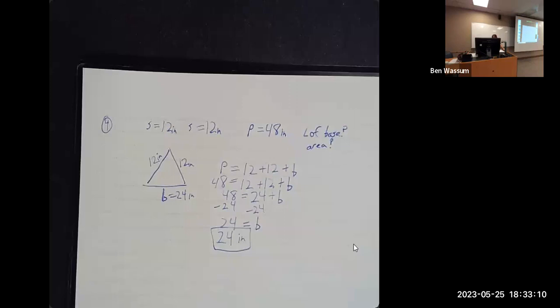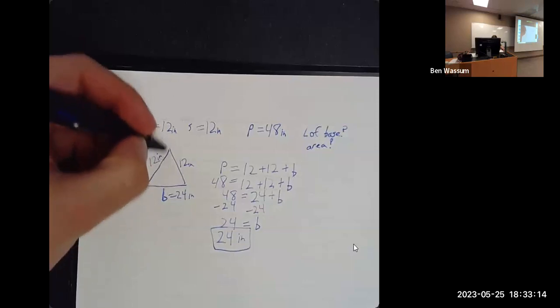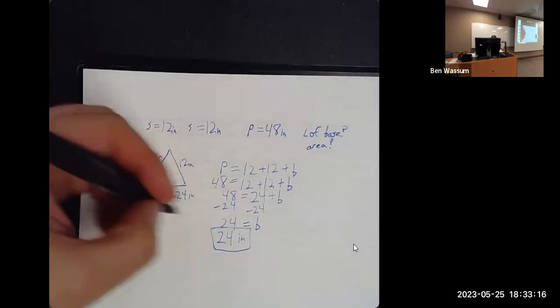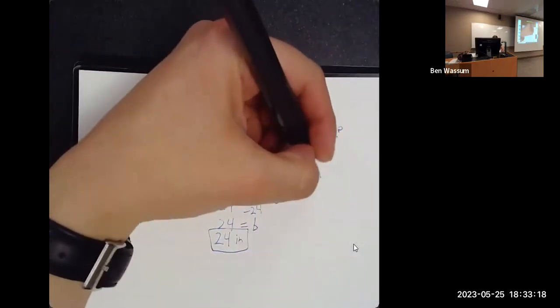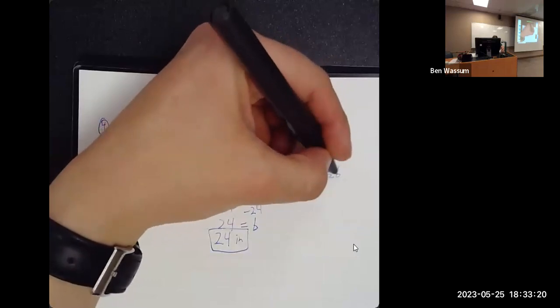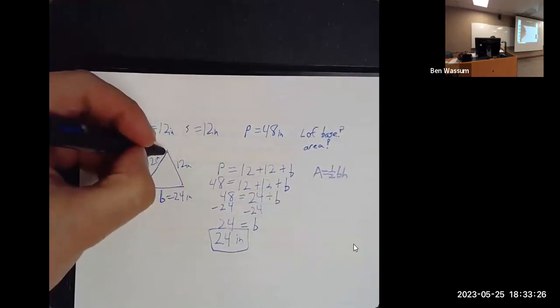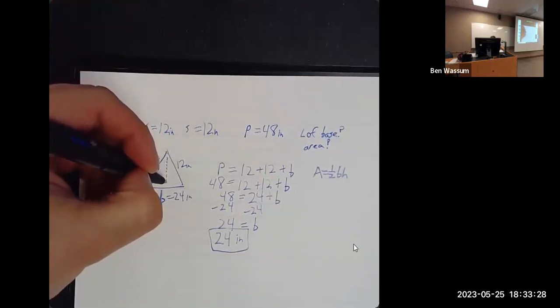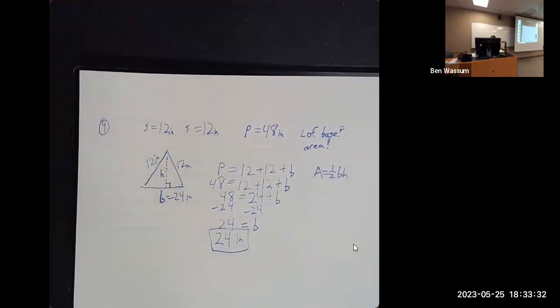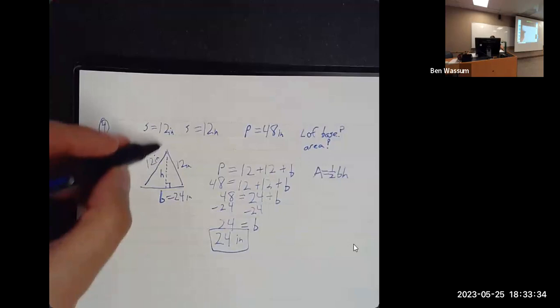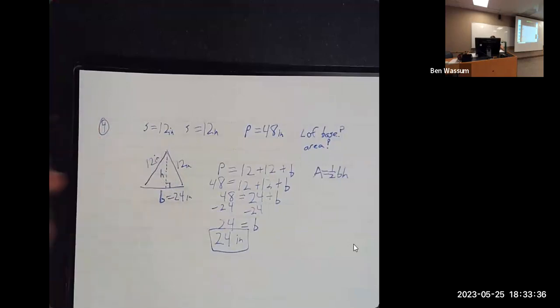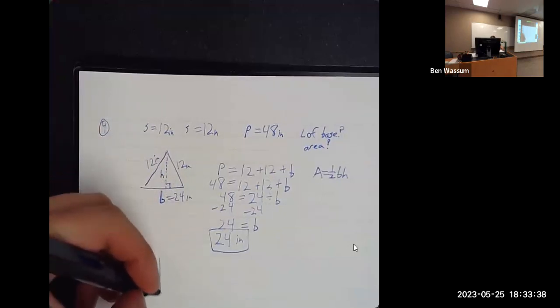Now we need the area. And just like the previous problem, we don't have the height. Remember, the area formula is 1/2 the base times the height. We got the base, we just don't know the height. So I'm going to bust this out as a right triangle.